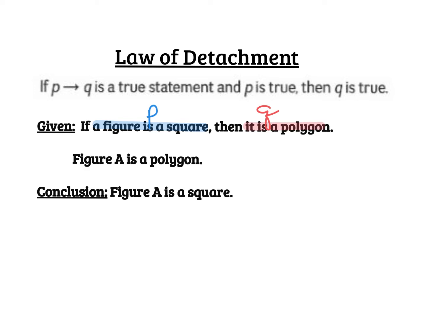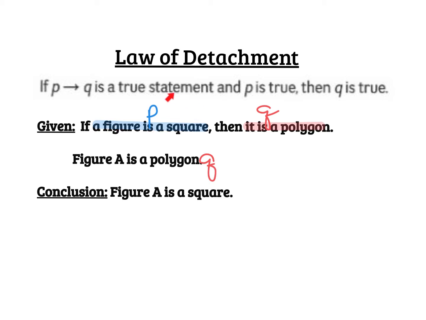Now I'm given the statement. When I look at the statement below the given, I want to identify what it is that I'm given. I'm given here figure A is a polygon. Is that P or is that Q? Figure A is a polygon is Q, so I'm going to label it as Q. And my conclusion here is figure A is a square.